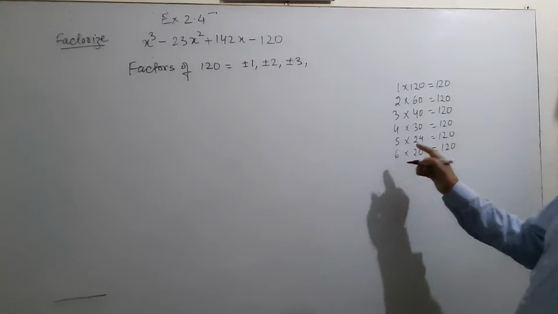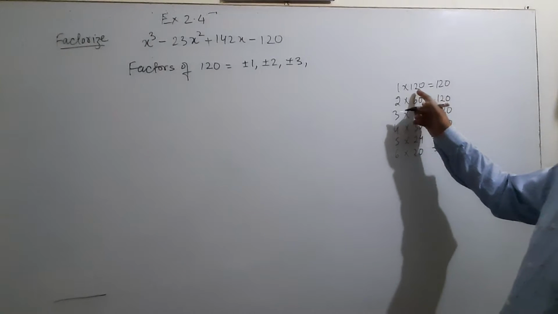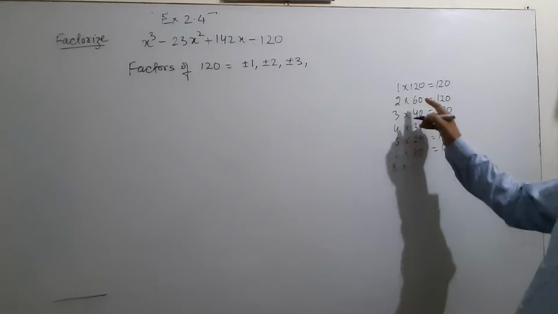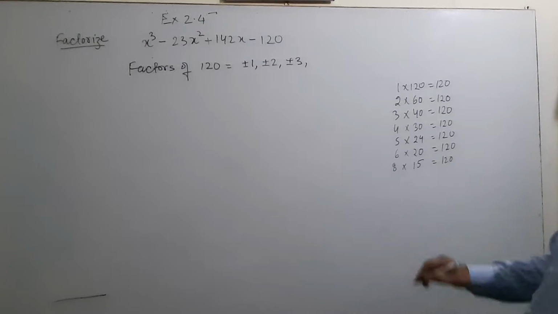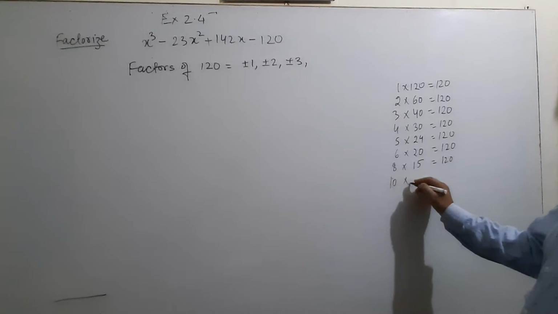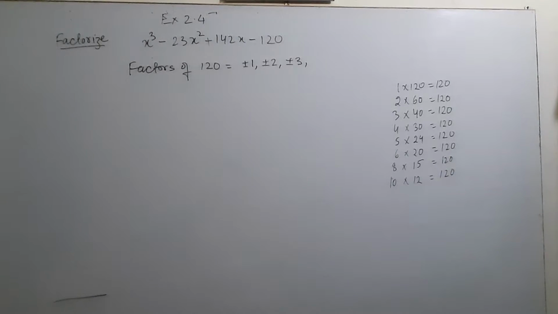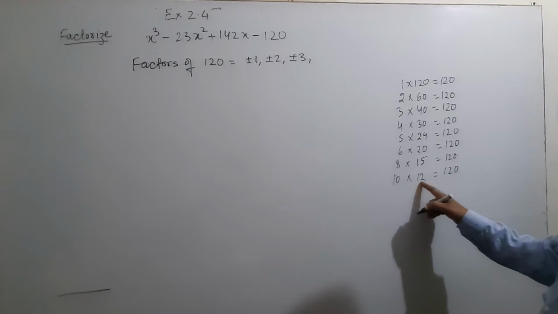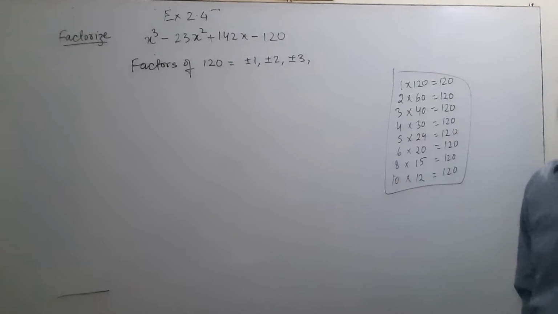Then 7 is not a factor of 120. 8 is a factor of 120, yes, 8 into 15 is 120. 9 is not a factor. 10 into 12 is equal to 120, and after 10 comes 11, no. Here 12 is repeated. These are all the factors of 120.